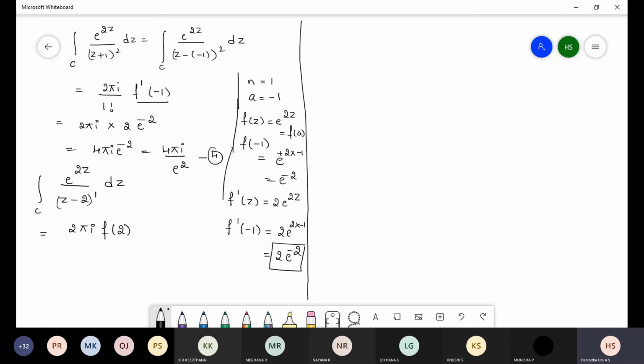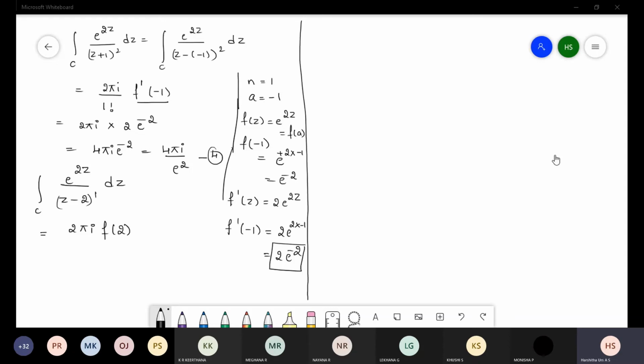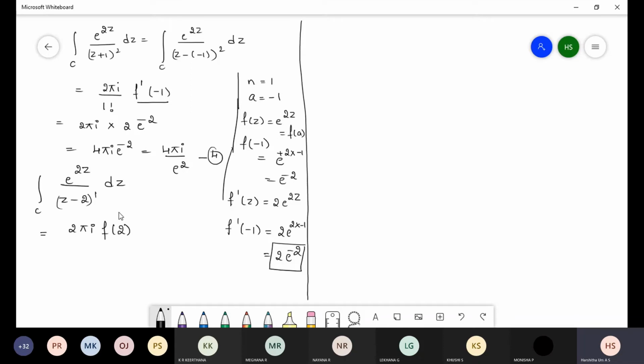F of 2 means, in the place of z we have 2, where f of z is equal to e power 2z.